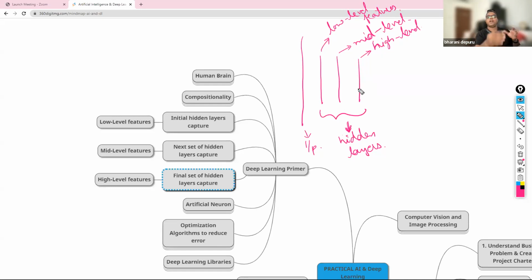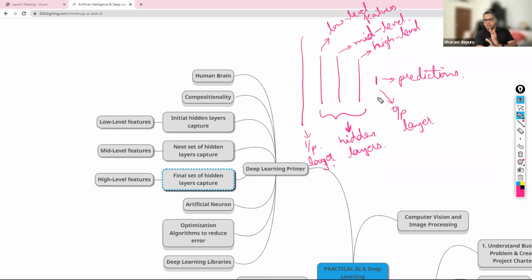After your deep learning model automatically extracts all the features, you have an output layer which will give you the predictions, the predicted values.